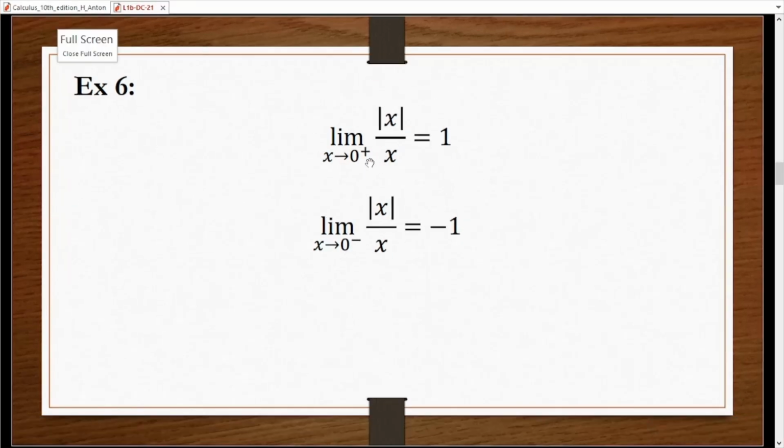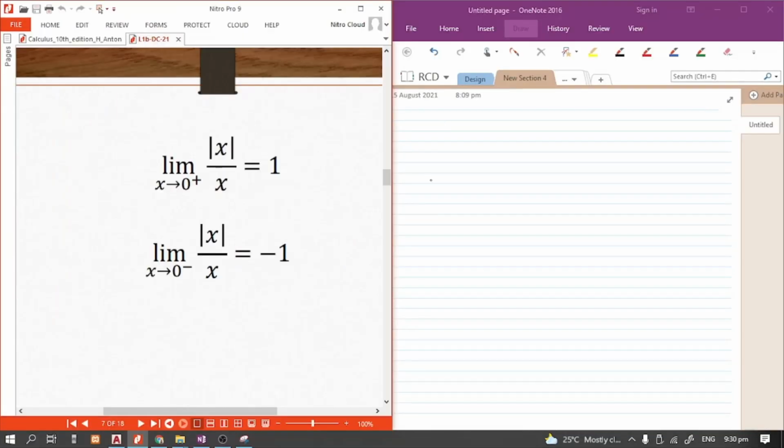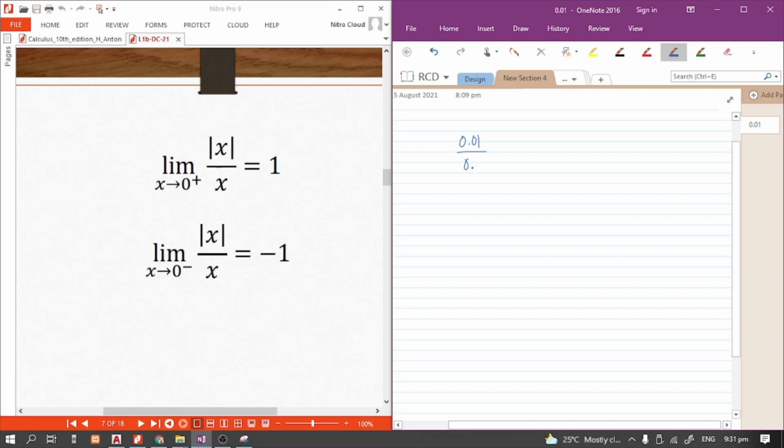So, halimbawa, ang itetest nating values is values ng x na greater than 0. So, let's say 0.01. If we are going to substitute the value of 0.01, so 0.01 divided by 0.01. The absolute value of 0.01 is 0.01 also. So, this is equal to 1.